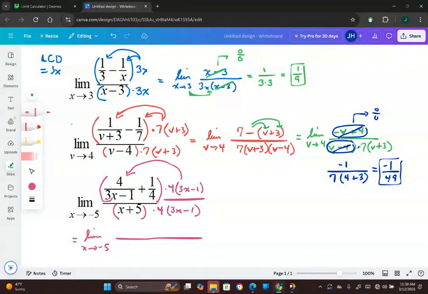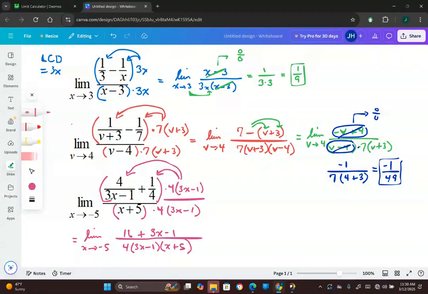And you get 4 times 4, which is 16. Plus, if you distribute here, the 4s will cancel. And I get 3x minus 1. The bottom, I've still got 4 times 3x minus 1 times x plus 5.